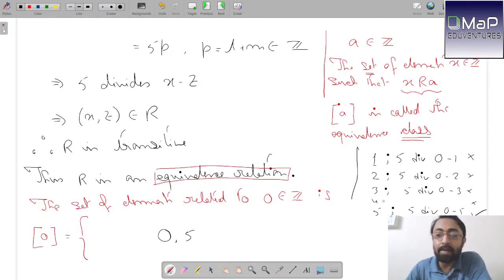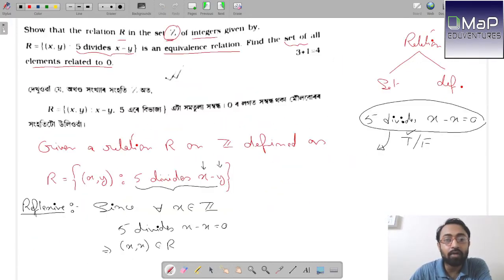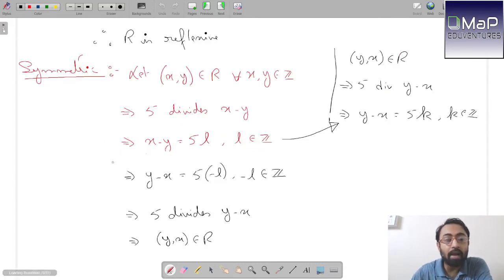Okay, so in this manner we go on checking elements. Now, we don't need to take this much trouble, since the definition of our relation is 5 divides x minus y. So we can use a shortcut: you can take the multiples of 5.